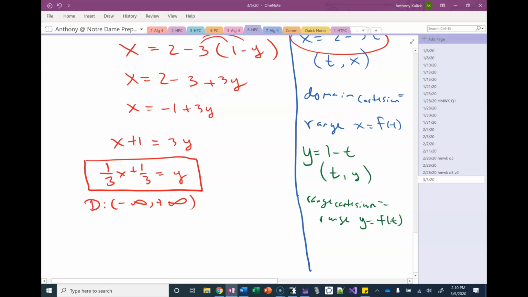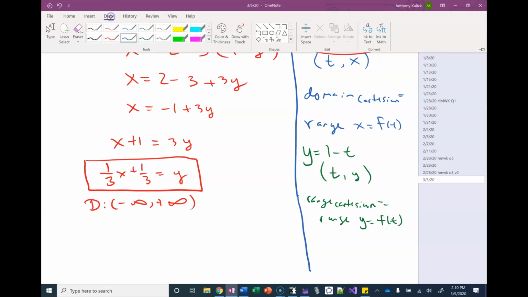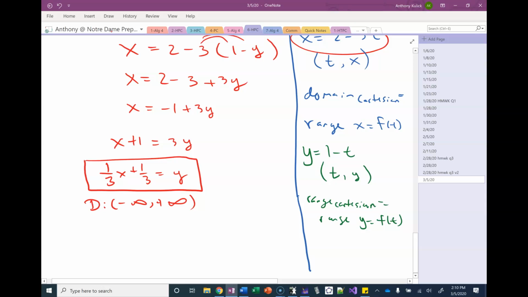Okay? So if I look at y equals 1 minus t, what kind of function is that? It is a Cartesian function, but specifically what kind of Cartesian function? That's linear, right? That's just the equation for a line.